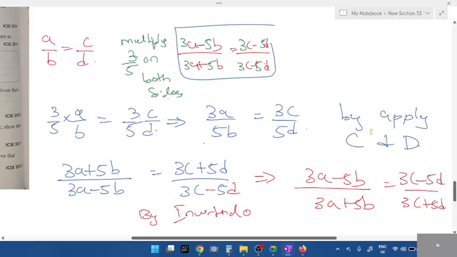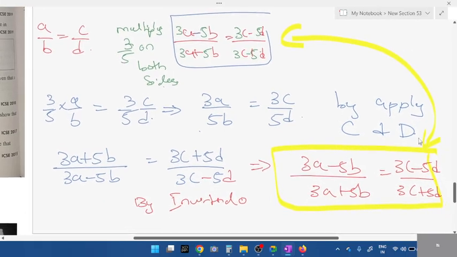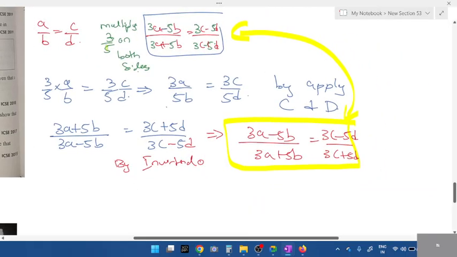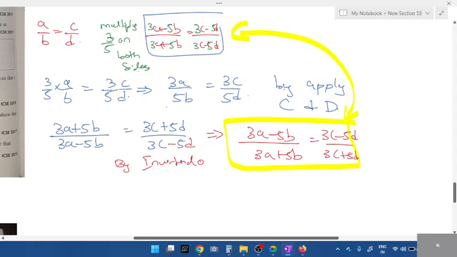Is it clear? All of you understood or any doubts in this? First I multiplied. Okay. Then second I used componendo dividendo. Third part I used invertendo.